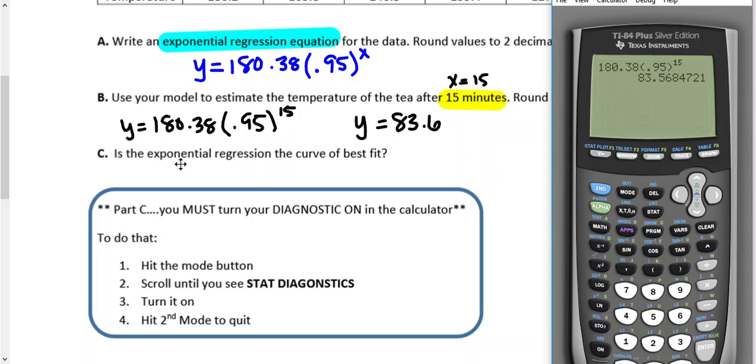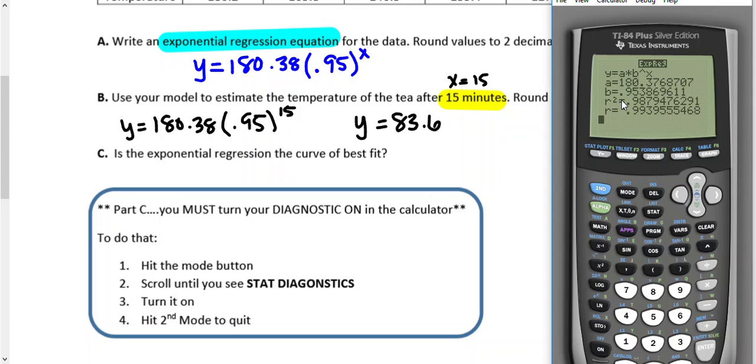Now part C, is the exponential regression the curve of best fit? We go Stat, Calc, 0. We calculate this again. You should now see new letters, r squared and r. If it's the best fit, r squared is going to either be the number 1 or really, really close to 1.